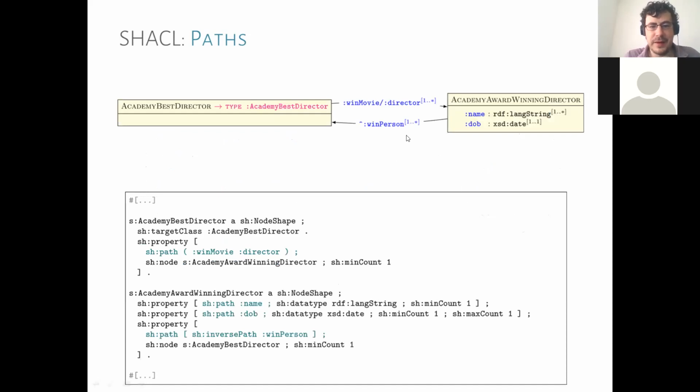So we have an example of that here, where we're going to target the class Academy Best Director. What we're then going to say is that the movie that wins this, and the director of that movie, must satisfy the Academy Award winning director shape. So if there is a director who has won an Academy Award for this, then they must have a name and a date of birth.